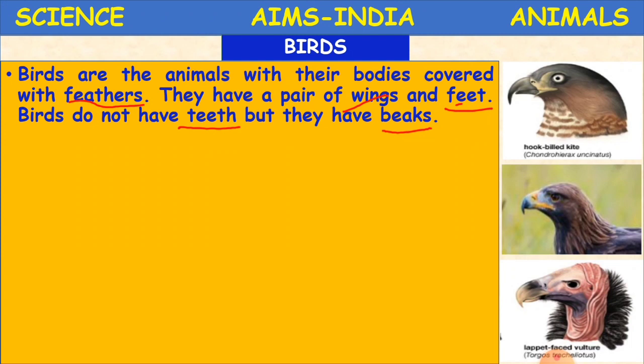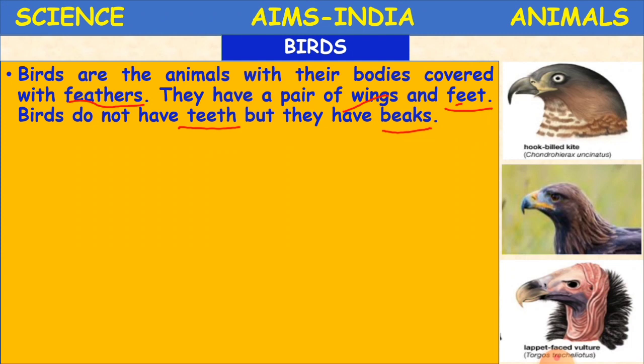Now children, what did we learn when we were discussing animals in the previous session? We said that animals have teeth, and because of the teeth they are able to eat food. The teeth are also of different types. But if you see birds, they do not have teeth.